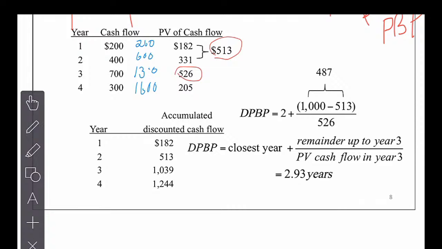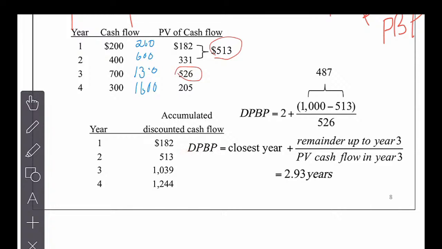So we're taking the 526 that we anticipate making in the third year, and we spread out what remains over the 526. It's like evenly spreading out the 526, and then making a fraction of what remains to make a complete 1,000 after the 513.